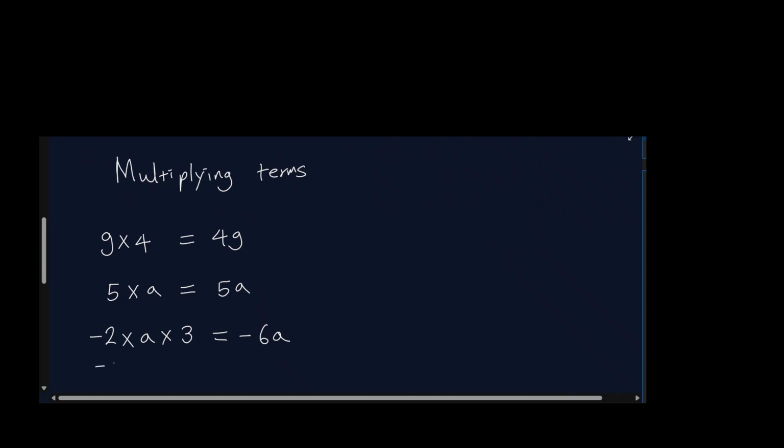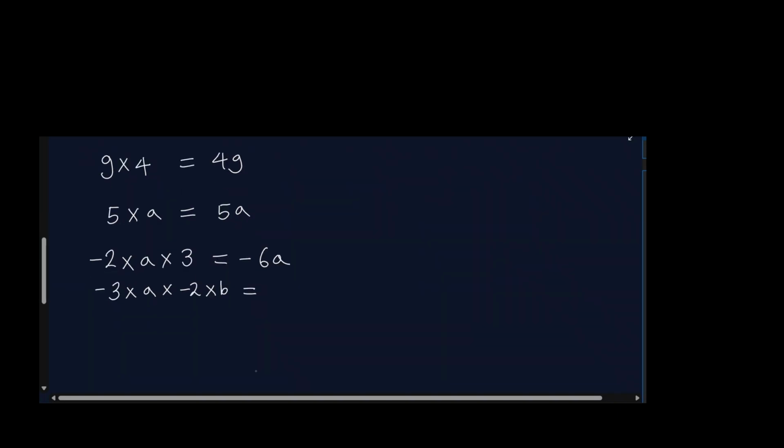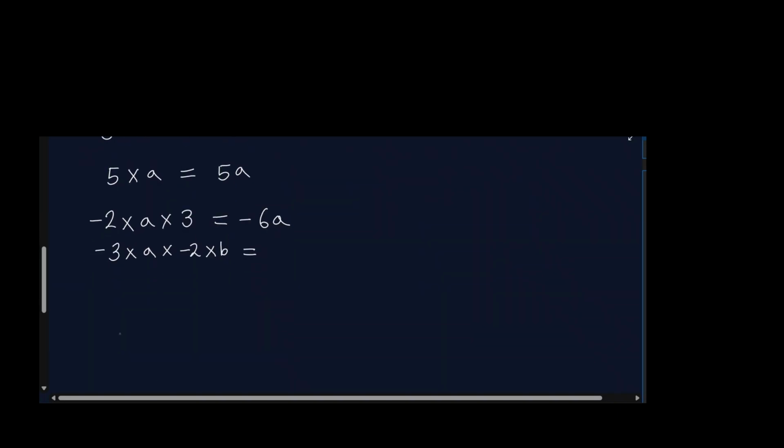What about negative 3 times by a times it by negative 2 times it by b? So let's think about the sign first.